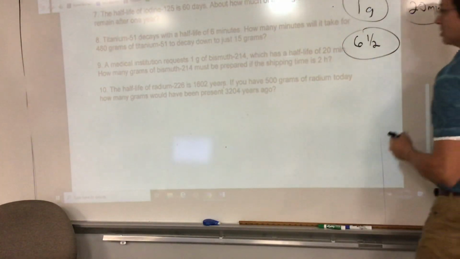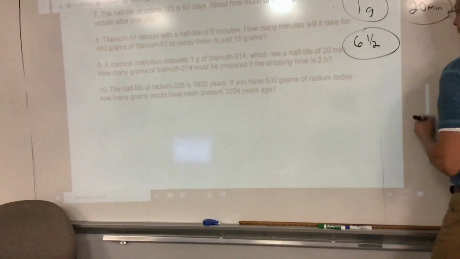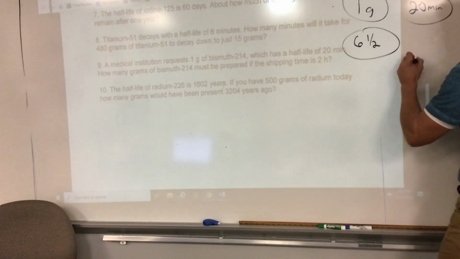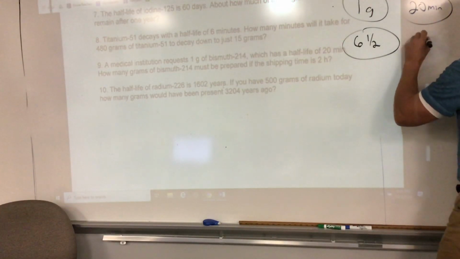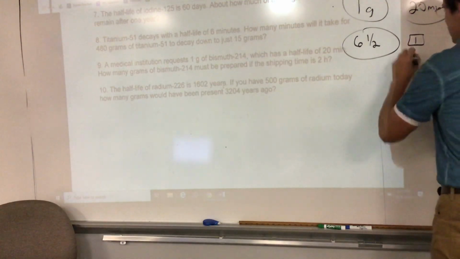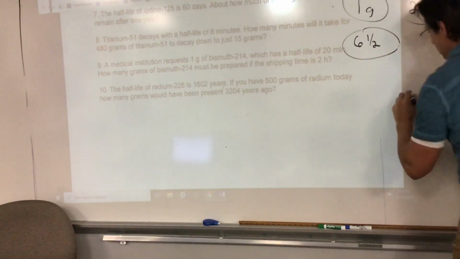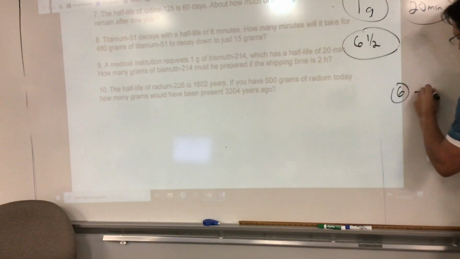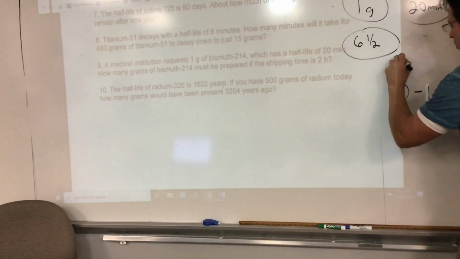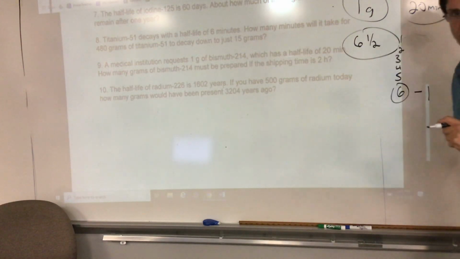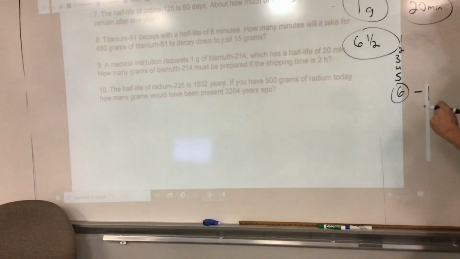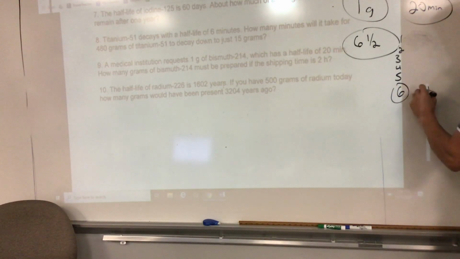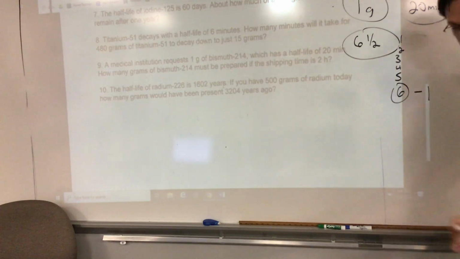Okay, let's work it backwards. If I need 6 half-lives and I need 1 at the end of 6 half-lives, then going back, 5, 4, 3, 2, 1. I'm going to double it, times 2.